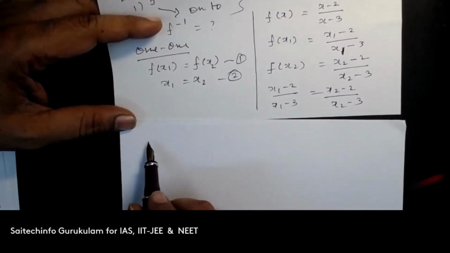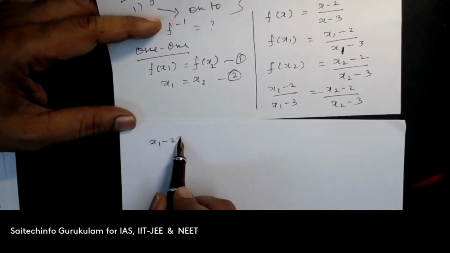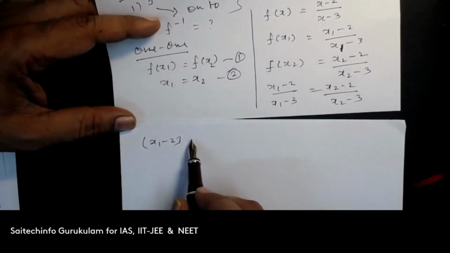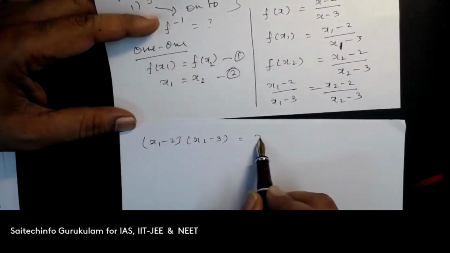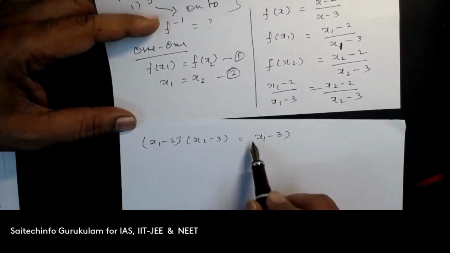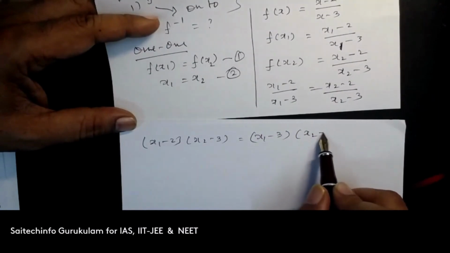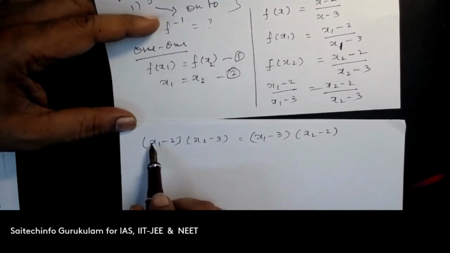Now we can cross multiply. So x1 minus 2, always put the bracket safely, into x2 minus 3 is equal to x1 minus 3 into x2 minus 2. Now let us multiply, that is by x1.